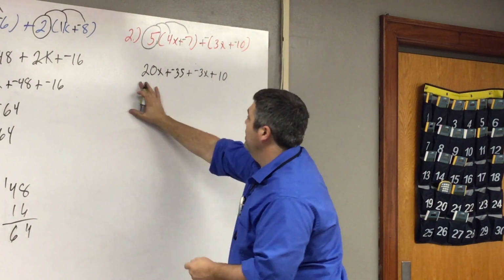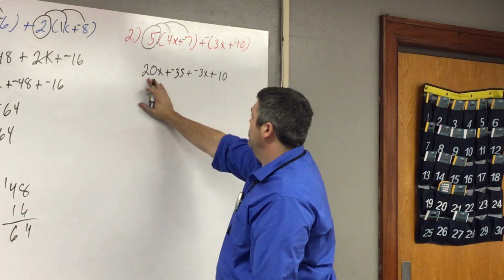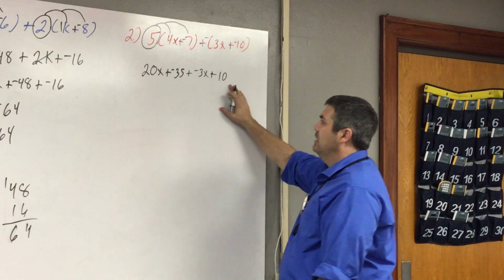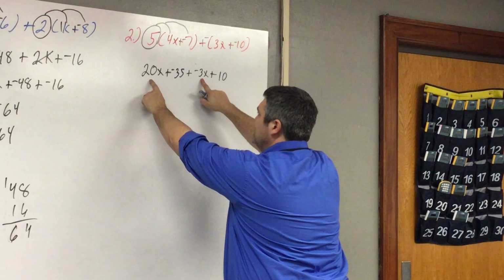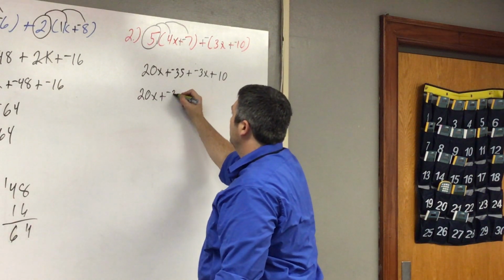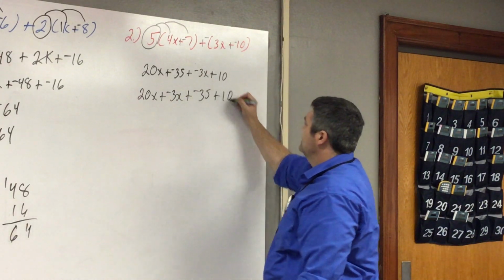All right, so now we have this, and now we're going to combine like terms. All right, so I got 20x plus negative 35 plus negative 3x plus 10. So these are my like terms, and these are my like terms. So let's combine these two. So 20x plus negative 3x, plus negative 35 plus 10.